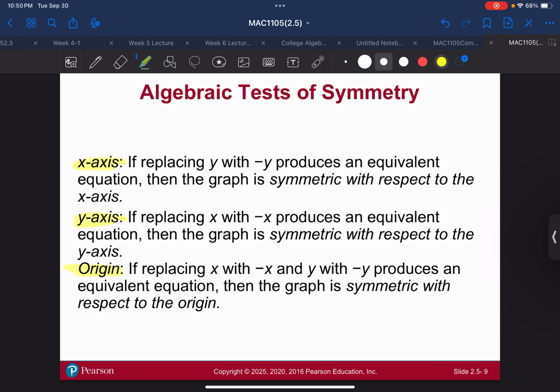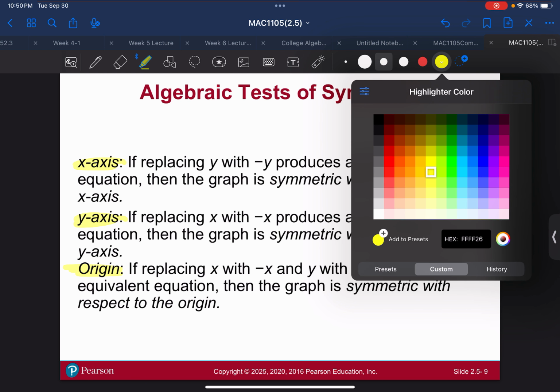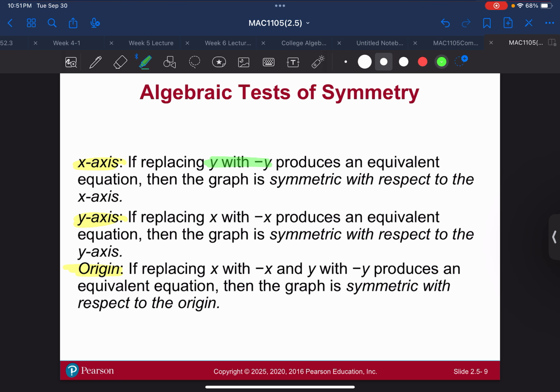Well, we can determine whether a function is symmetric about the x-axis by replacing y with -y in the equation. And if we do this and it produces an equivalent equation, then the graph will be symmetric with respect to the x-axis.